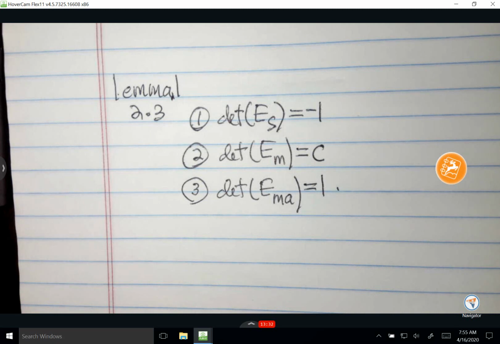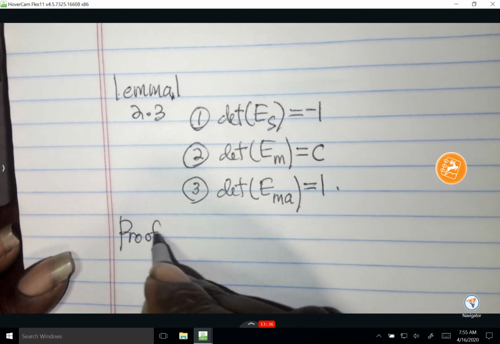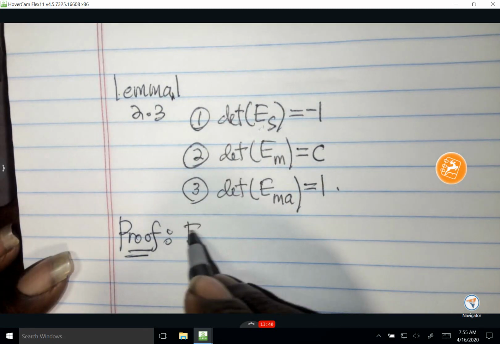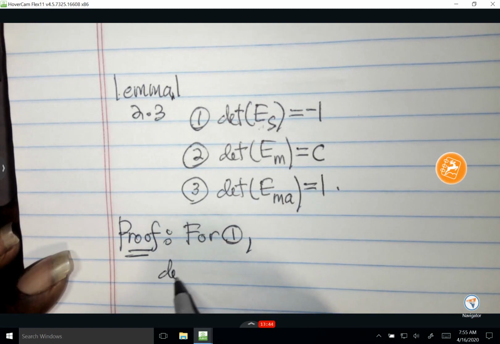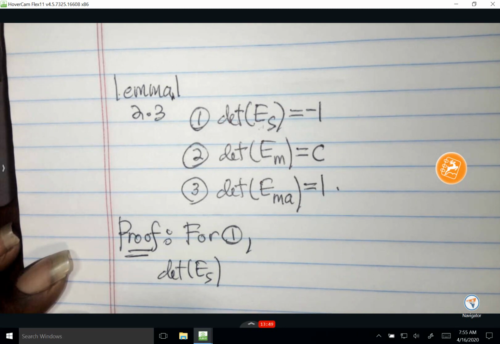Okay, so let's prove it. Let's start off with 1. Well, let's look at the determinant of E-switch. Remember what E-switch is? It switched two rows of IN.